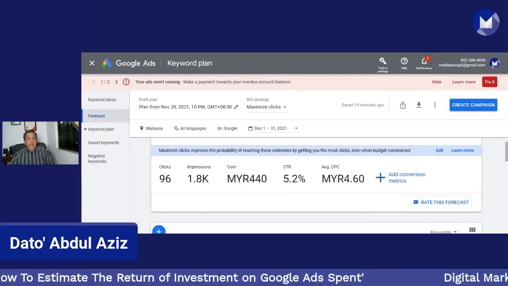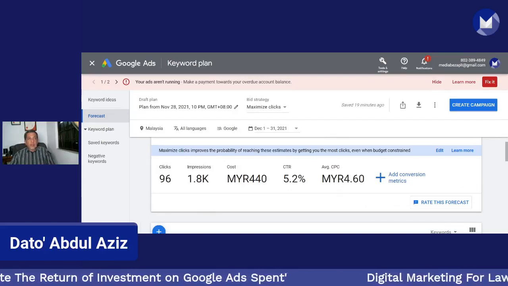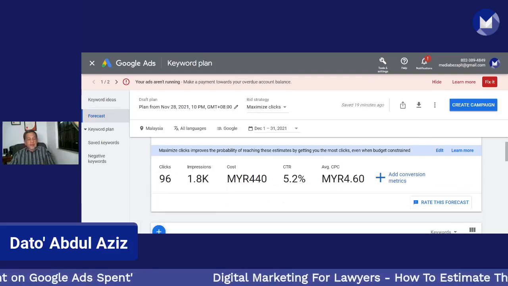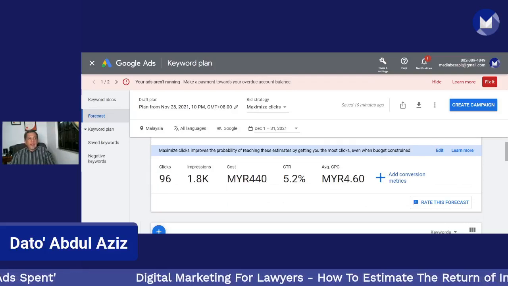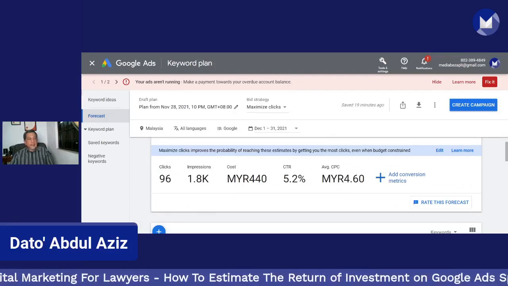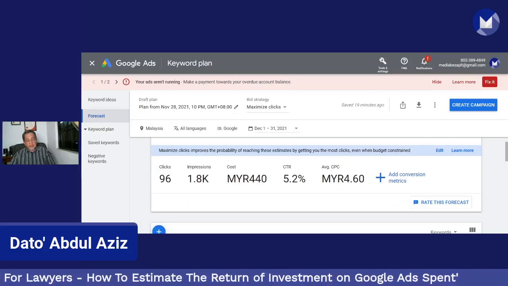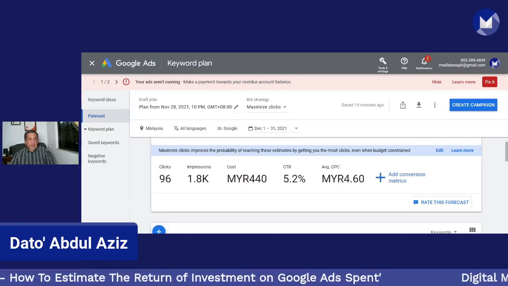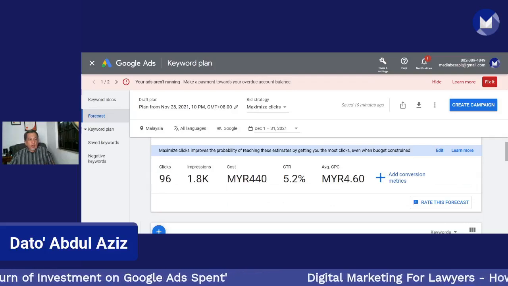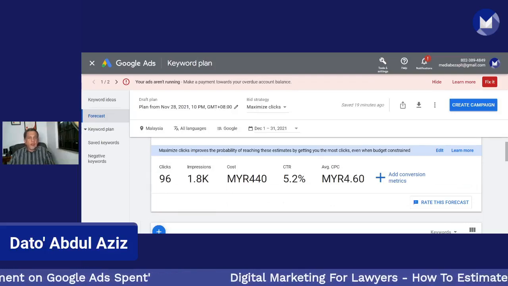It could be a one-page website or landing page. Let's say it's a website. So for 1,000 ringgit, you're going to get about 217 clicks to your website. So what does that do for you? How does that contribute to your business?